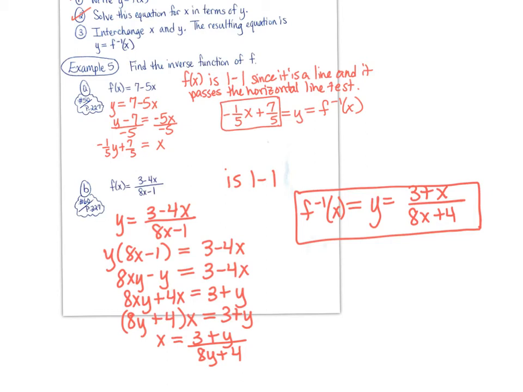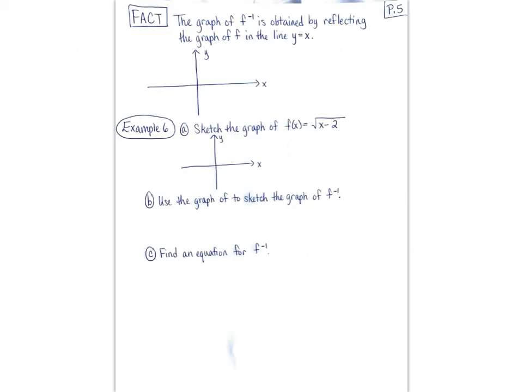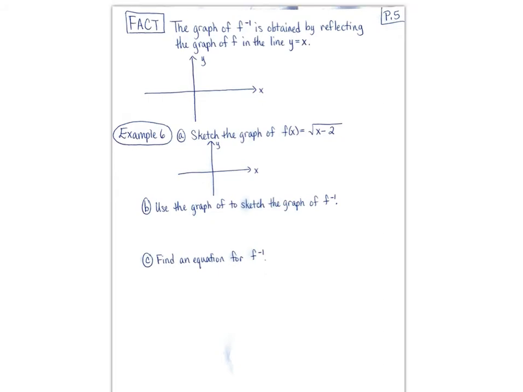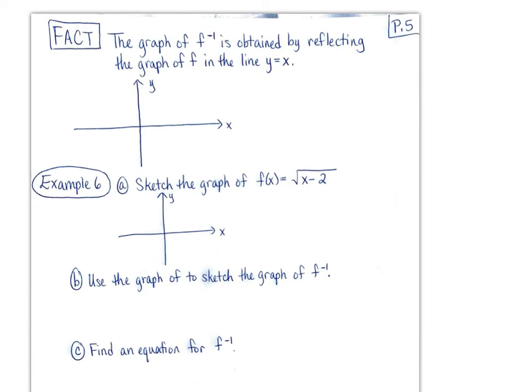So we have one more idea to discuss, and that is finding the inverse of a function based on the graph of the function given. A fact: the graph of f inverse is obtained by reflecting the graph of f in the line y equals x.